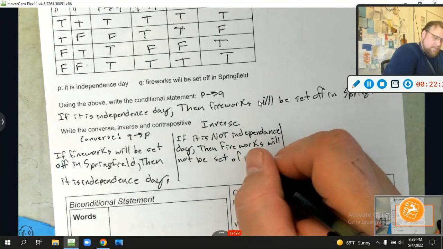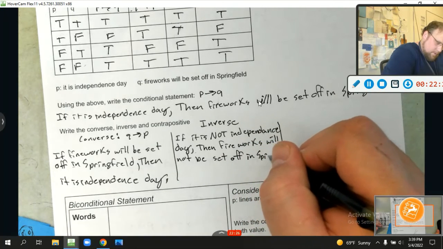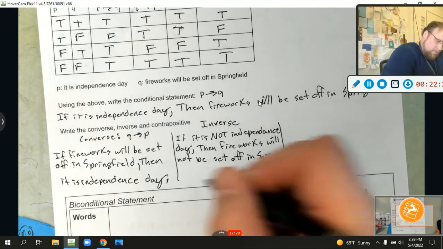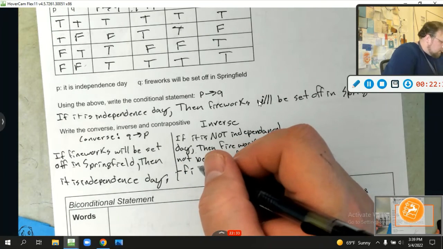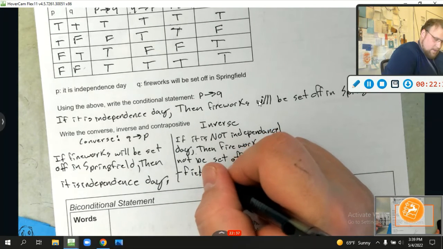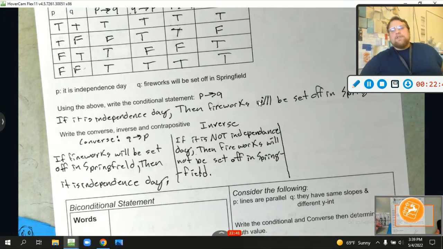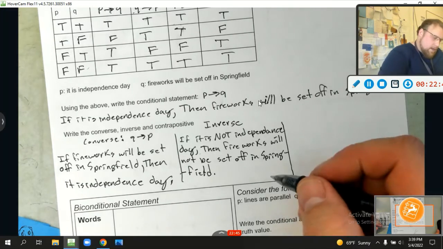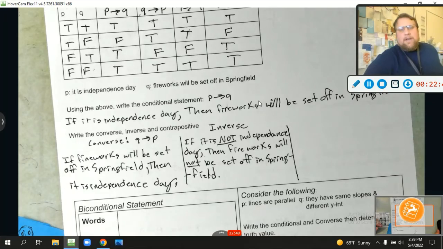That's the inverse. So this time we left it in the right order, but we just made it not. See, I got the two nots going on there. I thought I missed that not for a second.